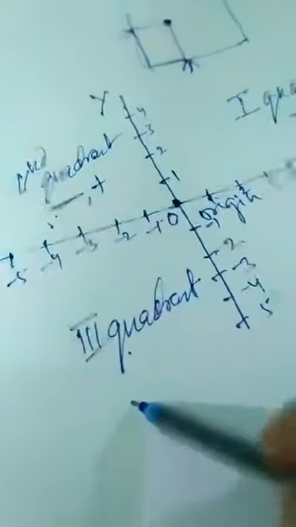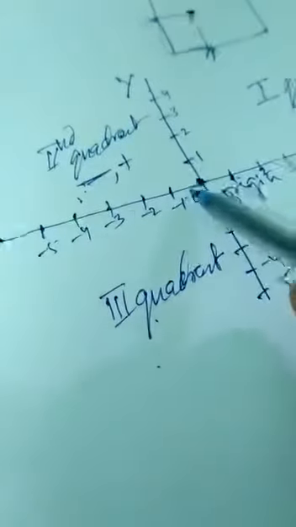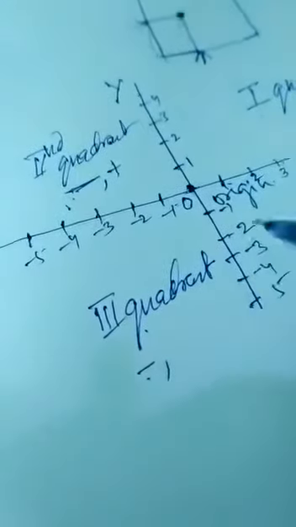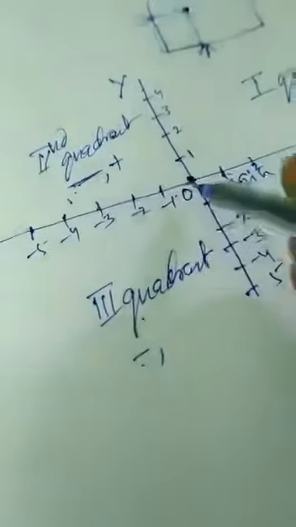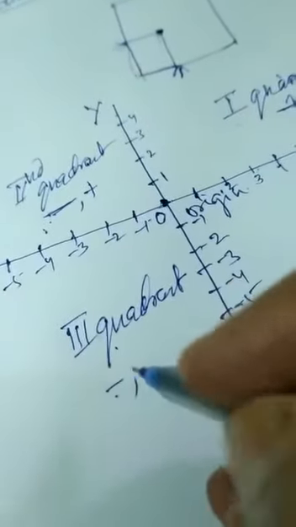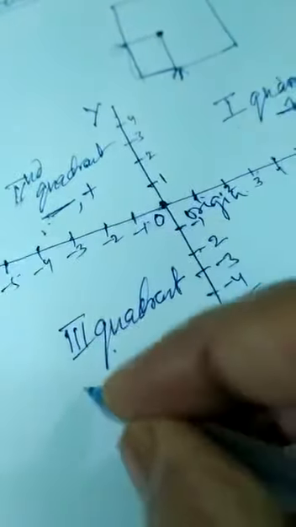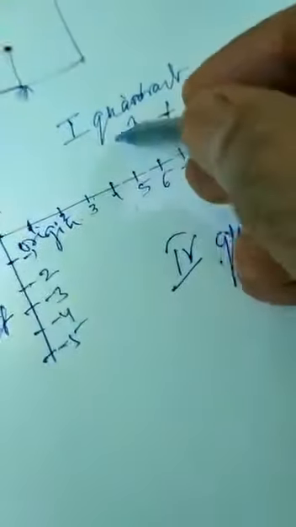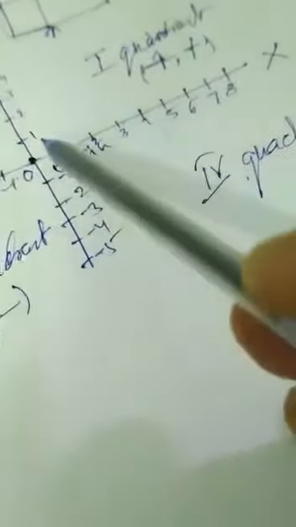In the third quadrant, you see that x is negative. You always say x first. x is negative, and y is also negative. y is on the lower side, so it is also negative. In the fourth quadrant, you measure x is positive and y is negative.